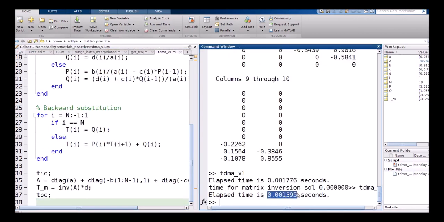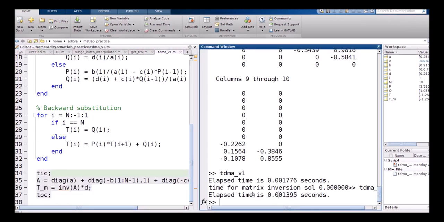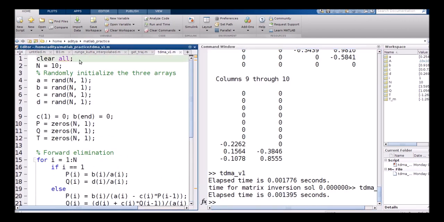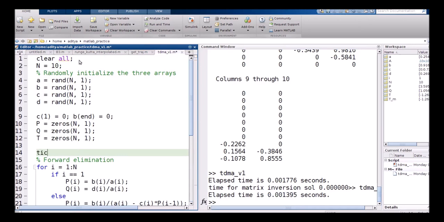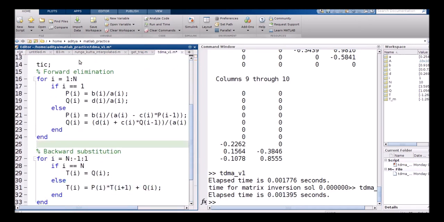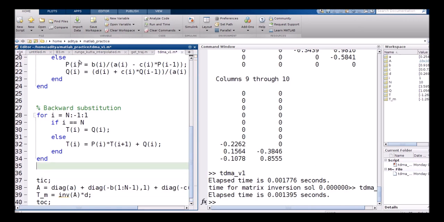So between tick and tock, this particular step took 0.001395 seconds. Let me also write tick and tock here. So the first tick tock would give me the time taken for forward elimination and back substitution.